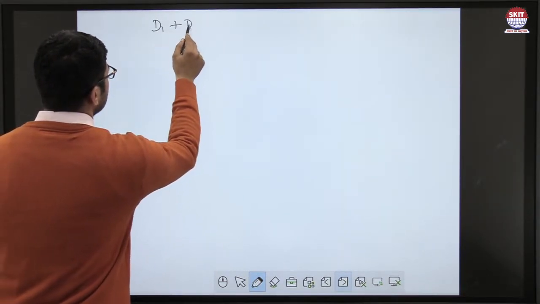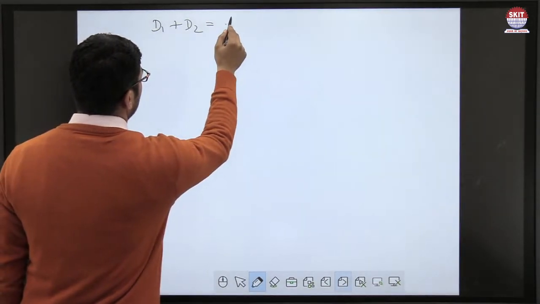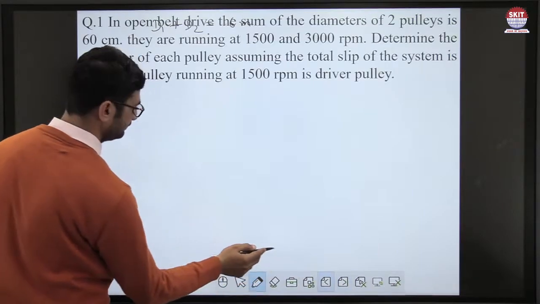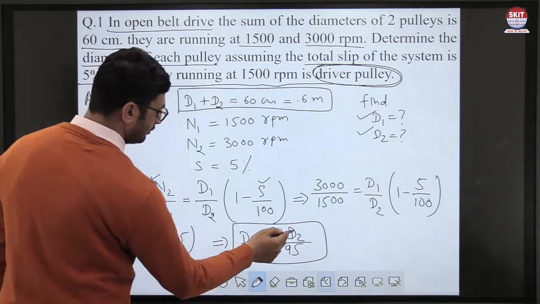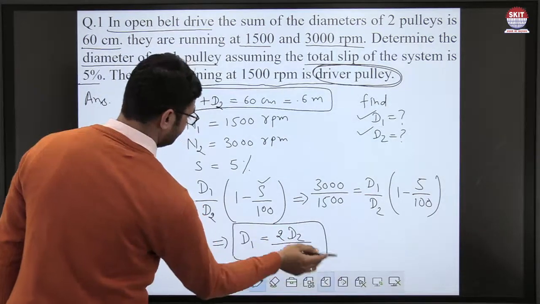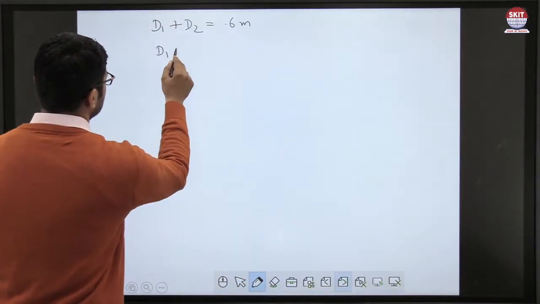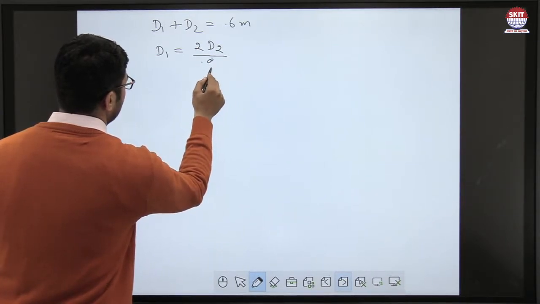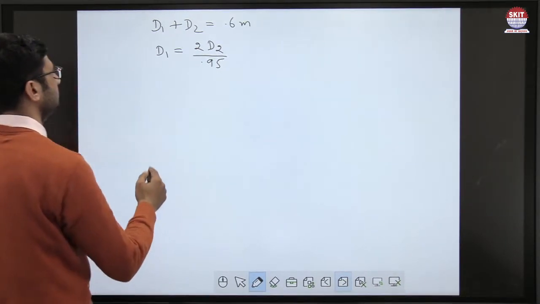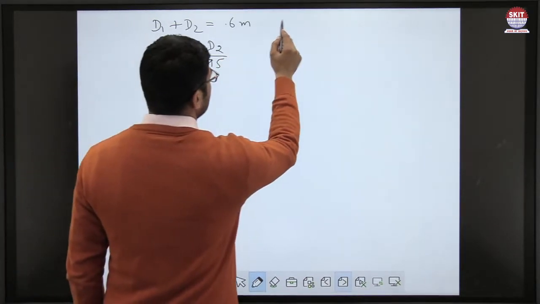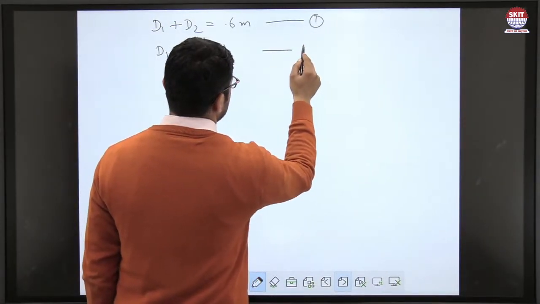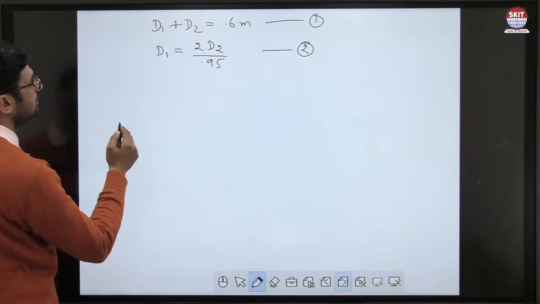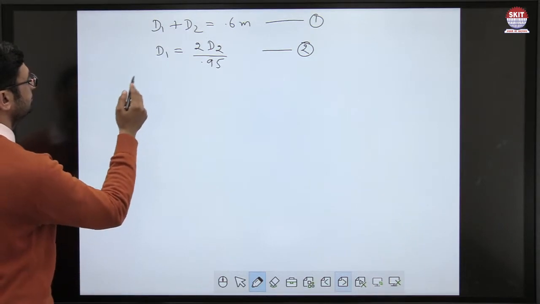D1 plus D2 equal to 0.6 meter, and the other value of D1 is 2 D2 upon 0.95. This is equation first, and this is equation second. Put the value of D1 in the first equation and find out the value of D2.